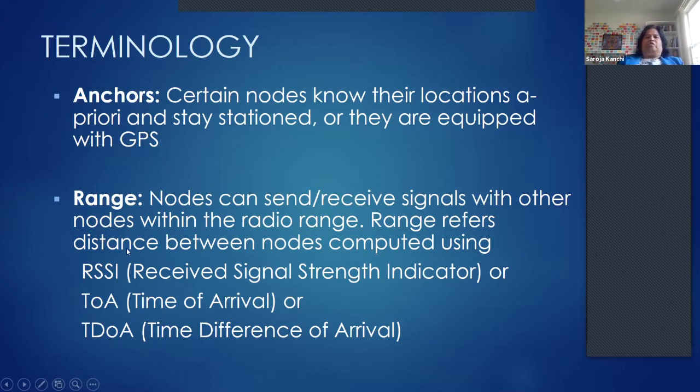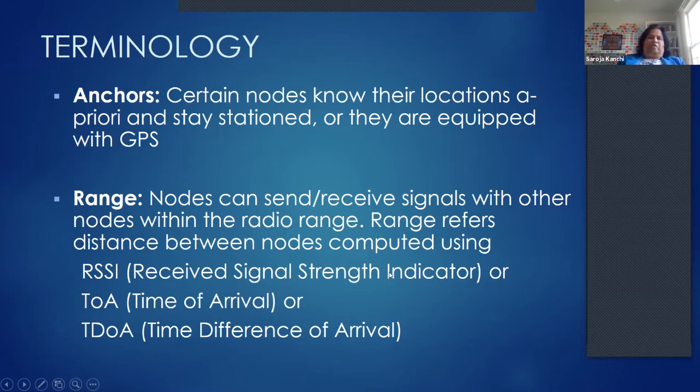The range refers to the estimated distance between the nodes. I use the word estimated because often there could be some errors in these techniques. So you may not know the exact location, and the error may propagate throughout the algorithm and make it difficult to localize.